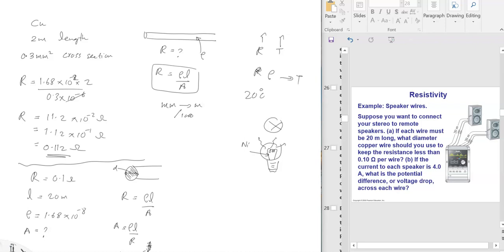So what's the diameter? We know that the area of a circle is pi r squared. So let's find the radius: r equals the square root of area over pi. Let's take the calculator and do the math.